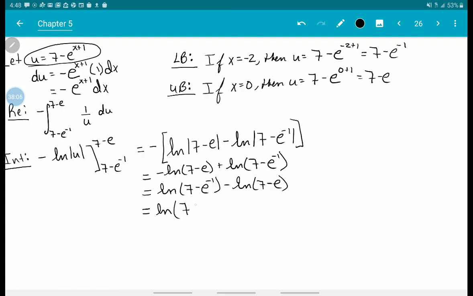So this is 7 minus 1 over e. And that's going to be 7e minus 1 over e. Just finding that common denominator there. Minus the ln of 7 minus e.